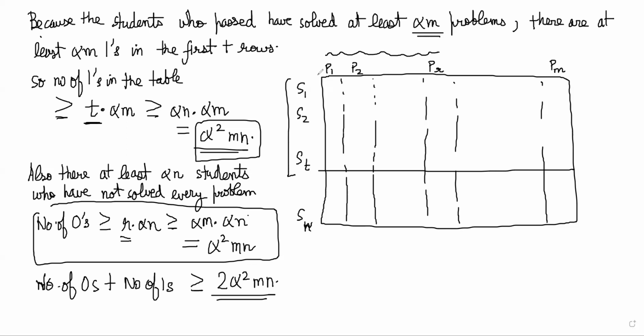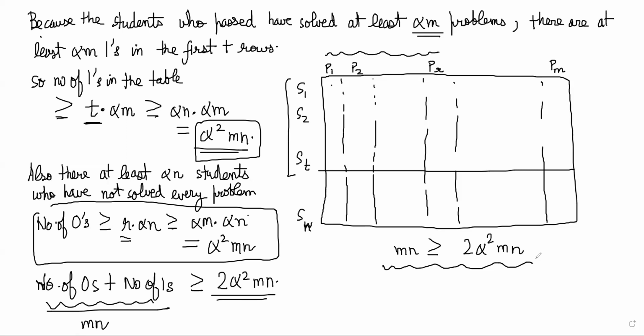But we know from our initial discussion that the whole table has to be filled with zeros and ones. So actually we know the total number, because the whole table is only filled with zeros and ones and there are mn spots. So mn is greater than or equal to 2 alpha square mn. The left hand side has to be mn, and from here we are getting an inequality. Now this means that when you divide, you get 1 is greater than or equal to 2 alpha square.